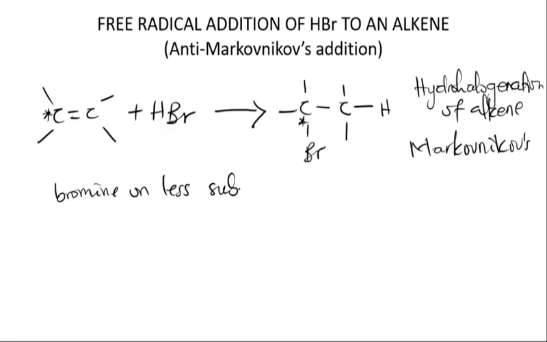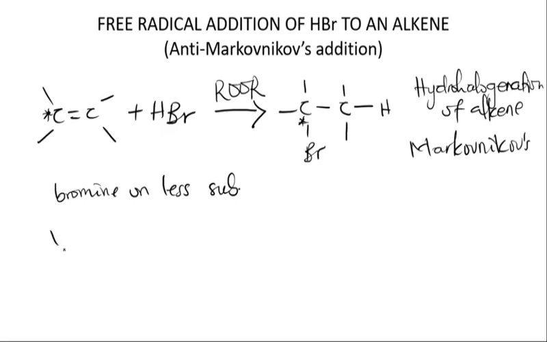So for this reaction, if you want it to go via the anti-Markovnikov addition, all we need to do is to add a peroxide to this reaction. Once we add a peroxide, it does not go via the Markovnikov addition again, it goes via the anti-Markovnikov addition.